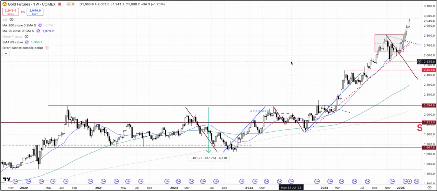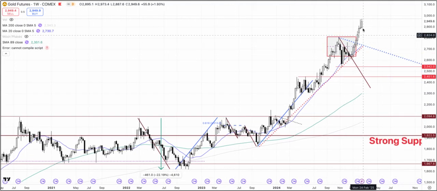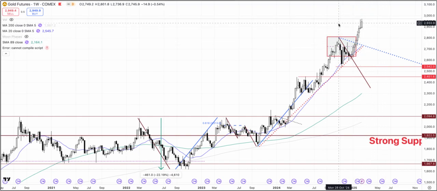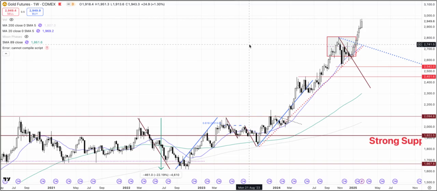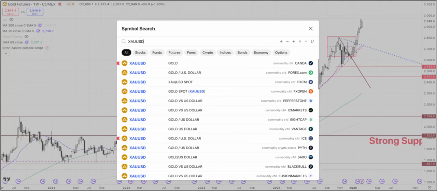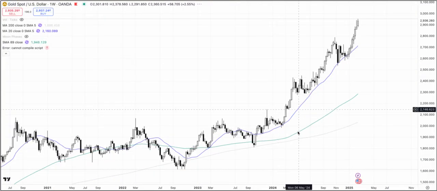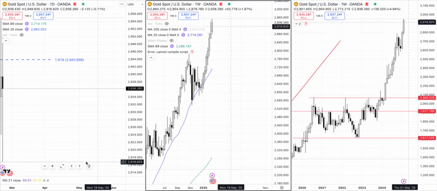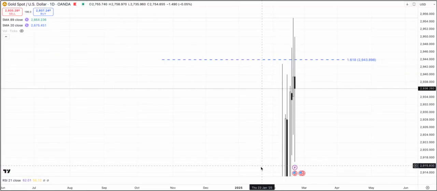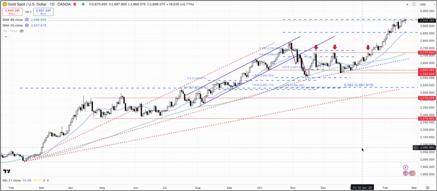On the weekly chart, you can see a fantastic candle, took the highs out of the previous week. Really strong price action in gold. And if we were to take a look at this on the spot gold chart, let me go back to the daily chart on the spot gold. Here we go.